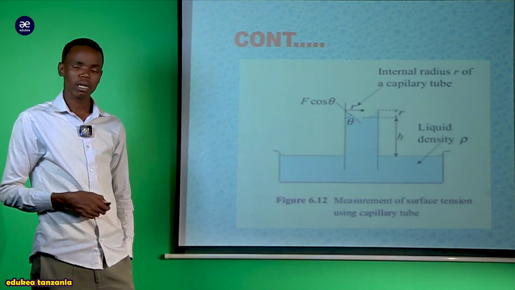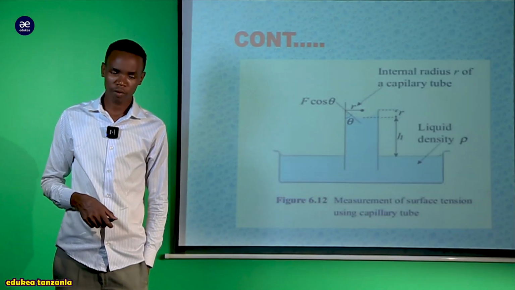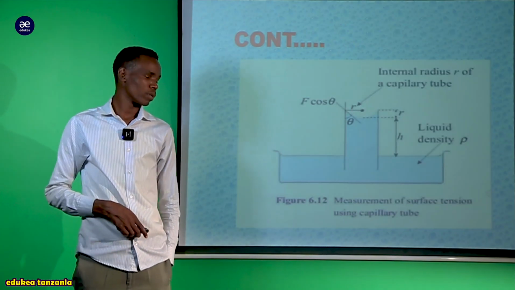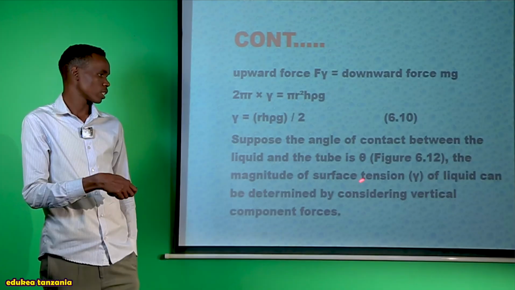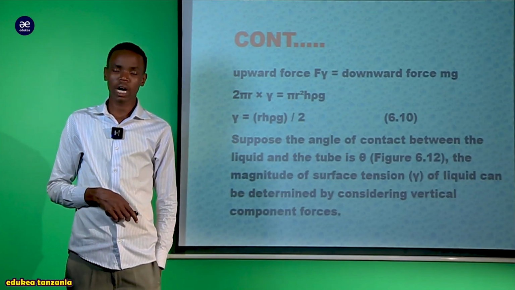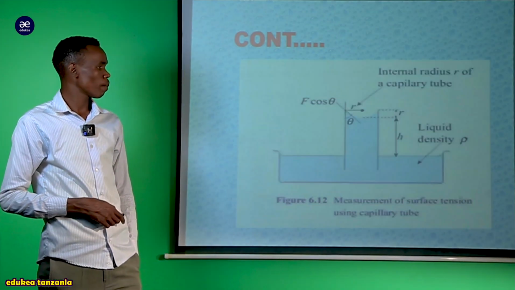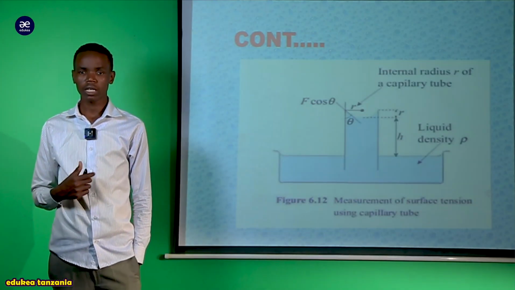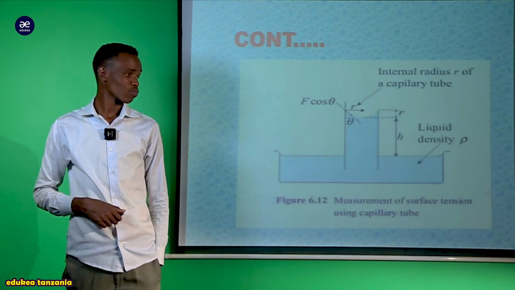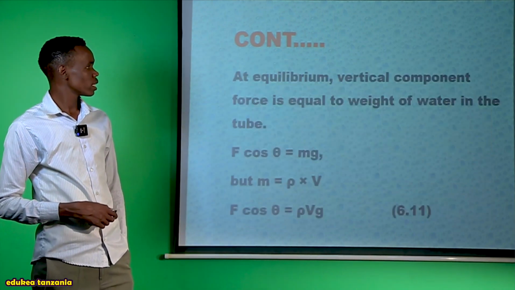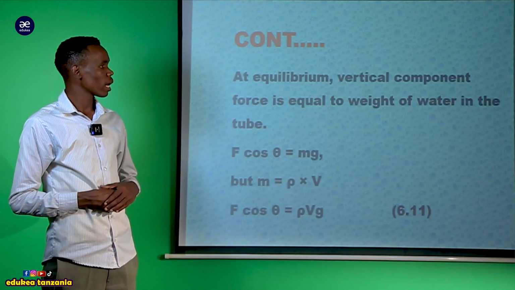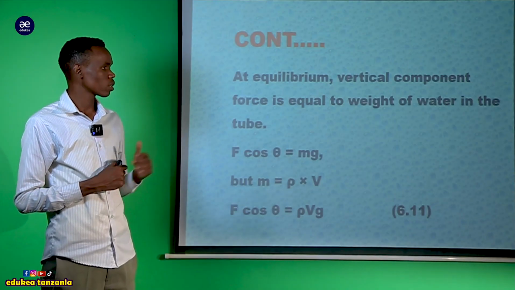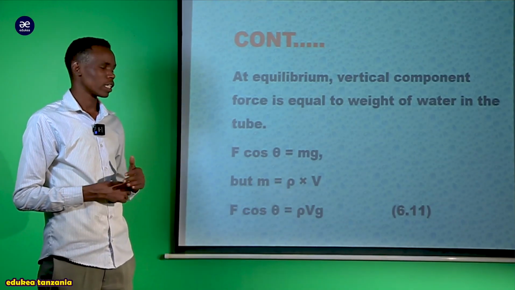Now, if we resolve this, we should obtain that the force that acts upward must be represented by the force times cosine theta, where we said that we consider the vertical component forces. The vertical component force is equal to F times cosine theta as we see here. So, my lovely students, at equilibrium, the vertical component force is equal to the weight of water in the tube.